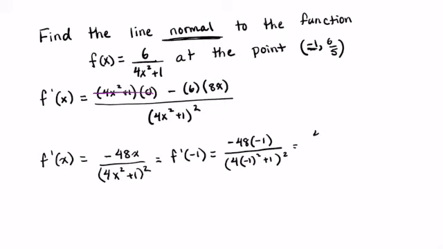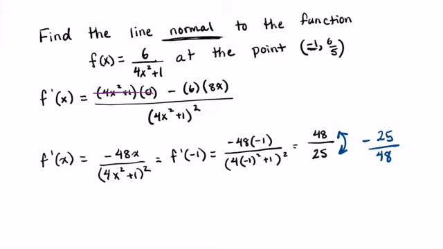That gives me a positive 48 over, well, 1 squared is 1, times 4 is 4, plus 1 is 5. 5 squared gives me 25. So this is the slope that I would want to use if I were creating a tangent line. We want to find the normal line, so I need to take the opposite reciprocal. Opposite meaning change the sign, reciprocal meaning flip your fraction.